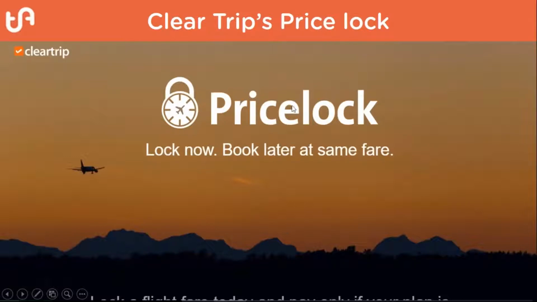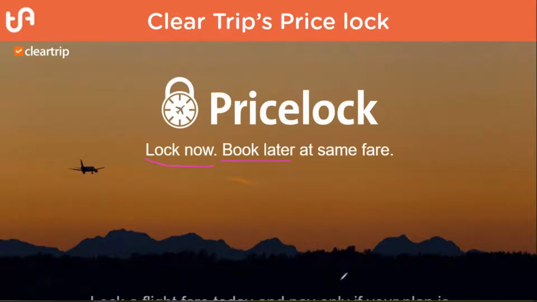To do that, I'll use this example of Cleartrip. Has anyone seen this ad before? Lakshay says yes. Praveen, okay, most of you have. Wonderful. Anita has not. What this means is lock now, book later. Let's say you are all aware flight tickets go up over the weekend, right?